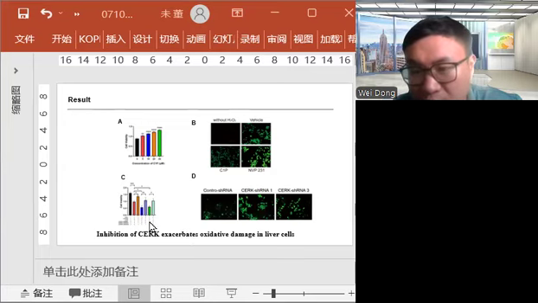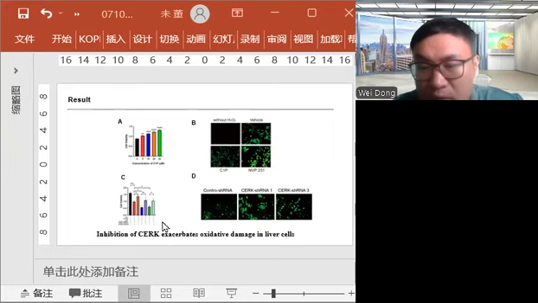We can find that when inhibition or knockdown of CERK, it will reduce the cell viability and produce more ROS.